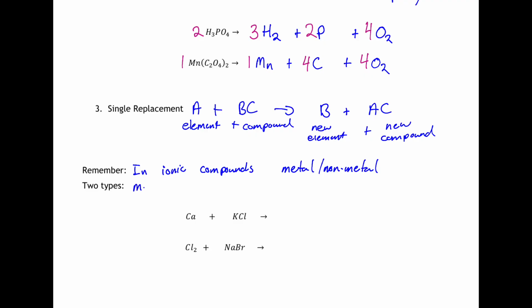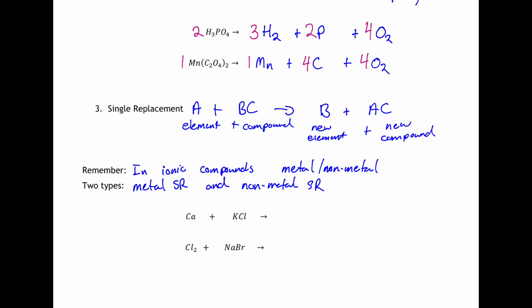There are metal SR and non-metal SR for single replacement. Now, the reason there are two different types is basically which one of them is alone, right? Whichever one is alone at the beginning is the same alone later. So if you have a metal all by itself at the beginning, you're going to get a metal all by itself at the end. If you start with a non-metal all by itself at the beginning, you get a non-metal all by itself at the end.